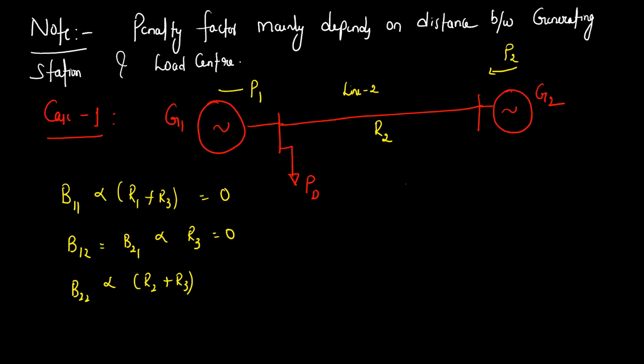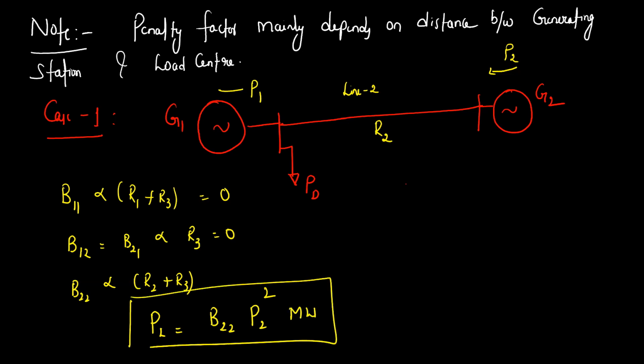Here R3 is 0, but R2 is there. So now the total power loss will become, since all other coefficients are 0, we can directly write B22 into P2 square, so many megawatt. The power loss equation will become B22 into P2 square.